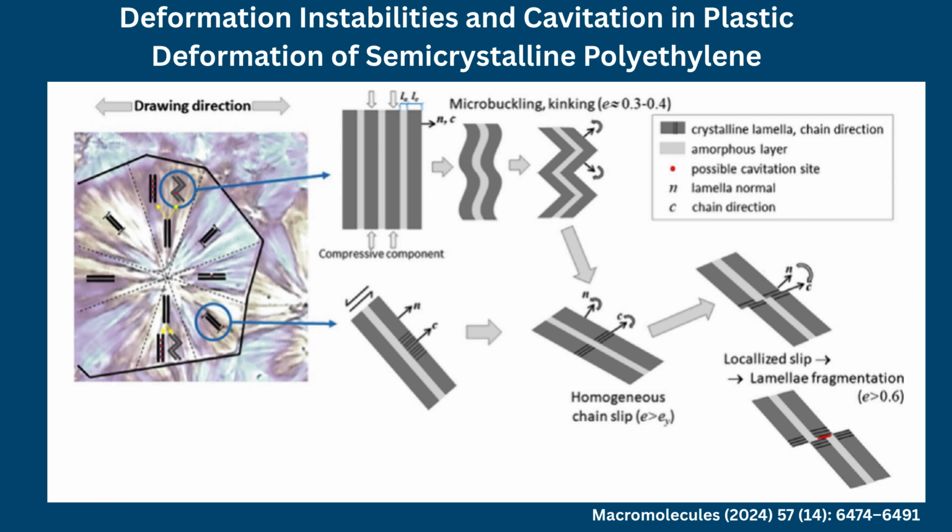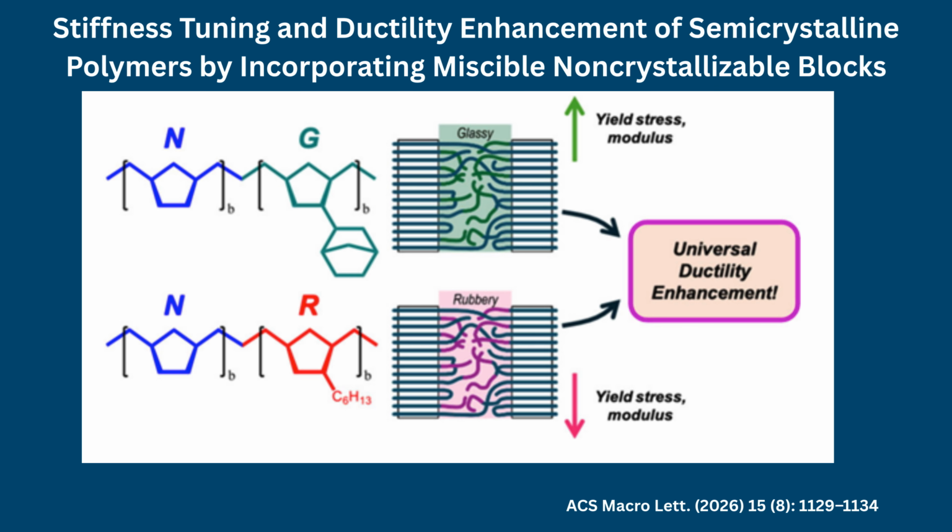In both PE and hydrogenated polynorbornene (HPN), polymers containing thinner crystals required a higher effective tie molecule fraction to maintain ductility. This behavior was attributed partly to a greater loss of tie molecules during deformation. Therefore, the important parameter is not simply the absolute amount of tie molecules, but their effective retention and connectivity during deformation.